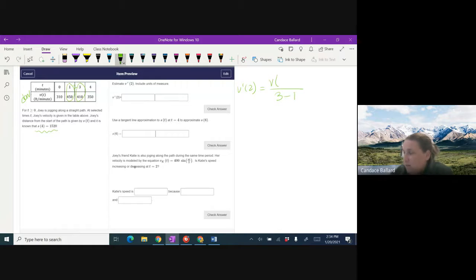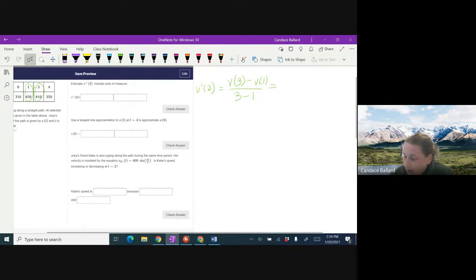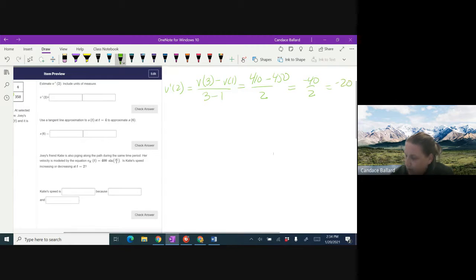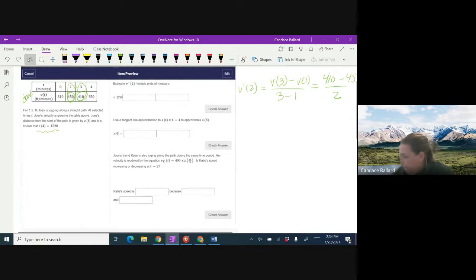I'm going to write the formula so you understand it, but really what you just need are the numbers. So v of 3 minus v of 1, over 2 on the bottom, which means I need 410 minus 450, which is going to be negative 40 over 2, which is going to be negative 20.